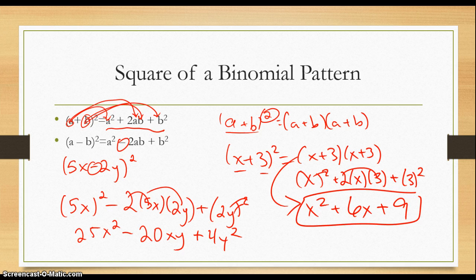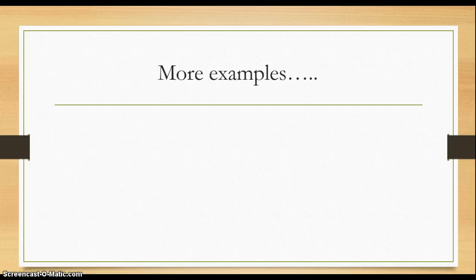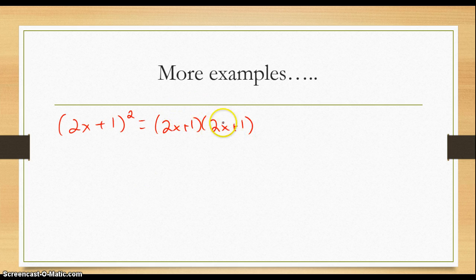Okay? So we'll go over a couple examples here. Don't worry. So let's say we have 2x plus 1 squared. Remember, this is really saying 2x plus 1 times 2x plus 1. Okay, you could FOIL or use box method to solve, but now they give you this formula. So a squared plus 2 times a times b plus your b squared.